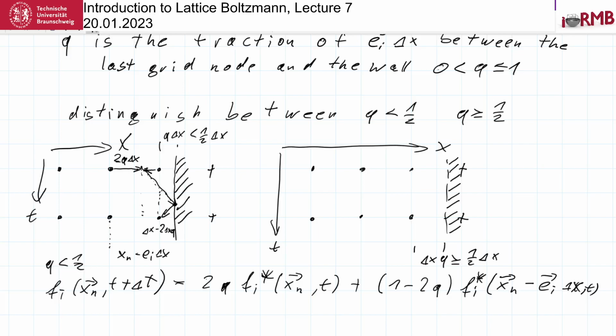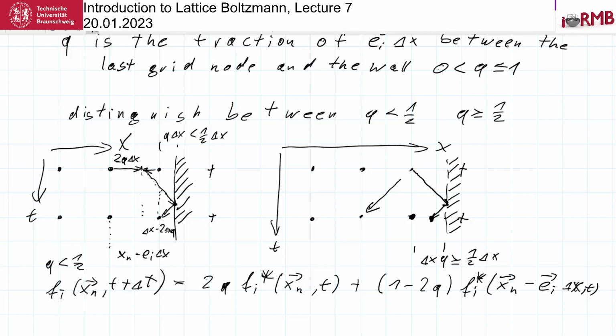And in this case, we do it a little bit different. So what we do is we go here, land here, and then we do the reflection, and then we notice this is outside our last grid node. So we take into consideration that another one is here, and we do the interpolation now.